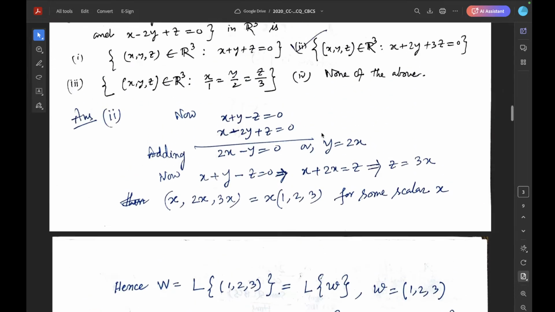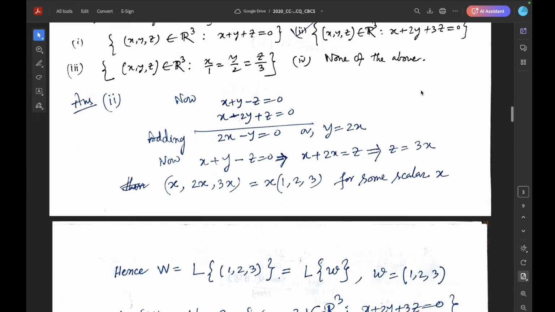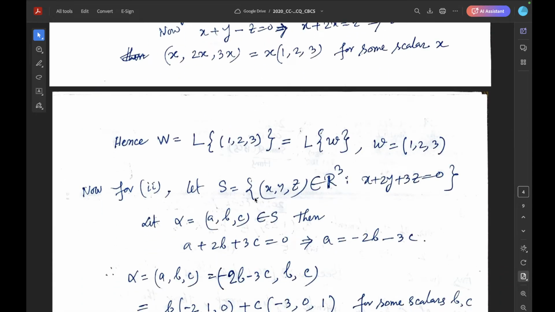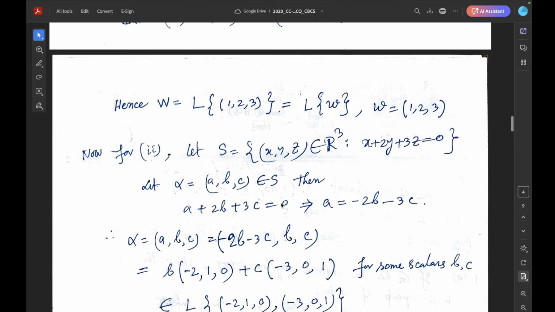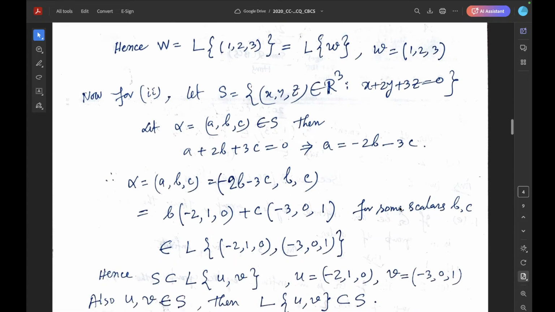Now for option 2, let S be the set of (x, y, z) belonging to R3 such that x plus 2y plus 3z equal to 0. Let alpha equal (a, b, c) belonging to S. Then a plus 2b plus 3c equals 0, because alpha belongs to S. So a equals minus 2b minus 3c.